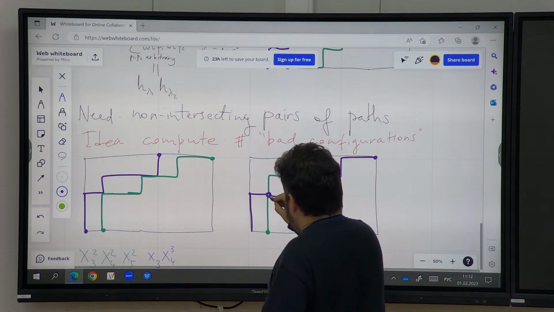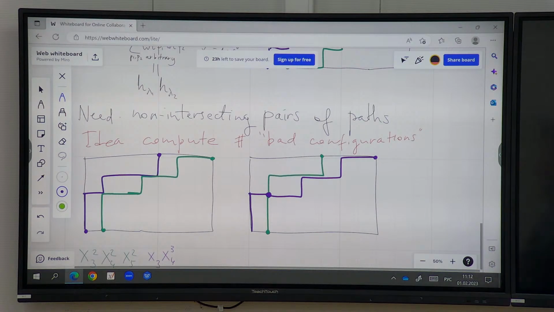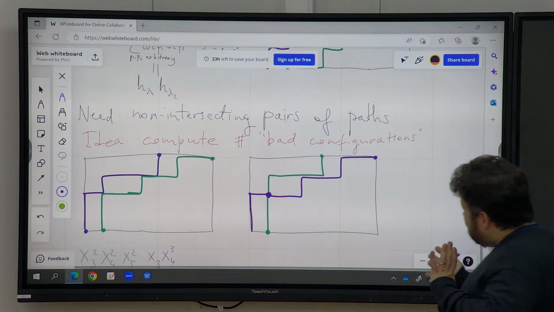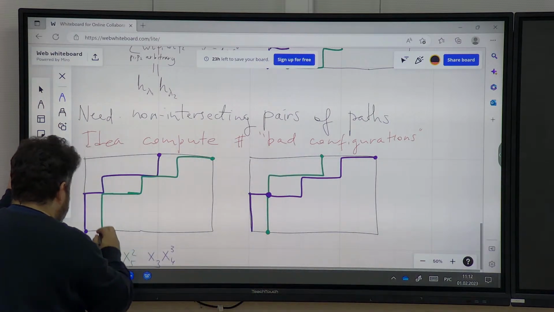Here's this intersection point. And this will be a configuration.